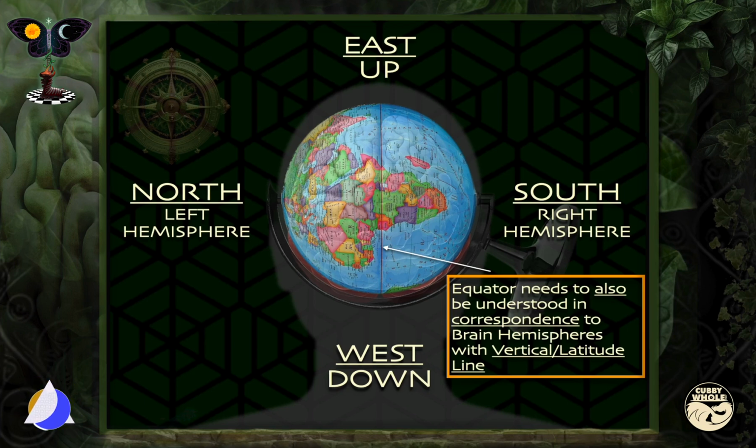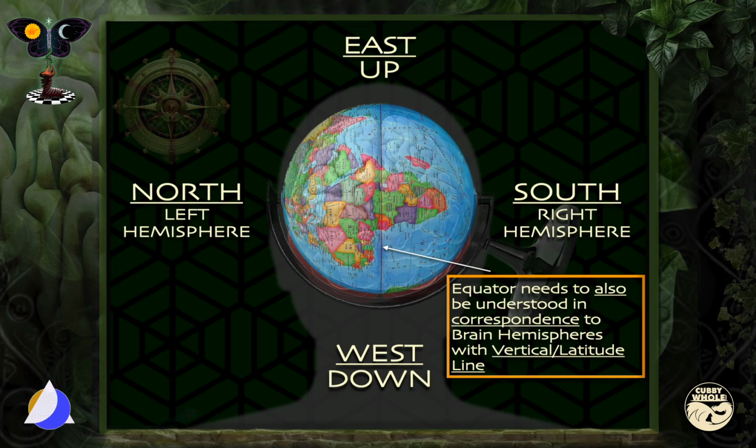And this helps us understand that east is also up, especially because it's about the alignment with the path of the sun, rising up in the east, okay? Because it's about being oriented. It's about understanding that down is in alignment with the sun going down in the west. So rising up in the east and going down in the west.